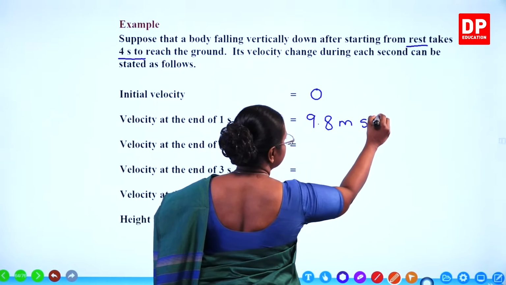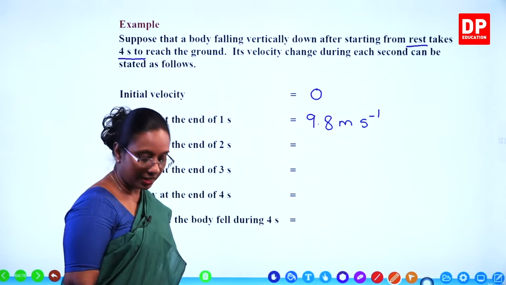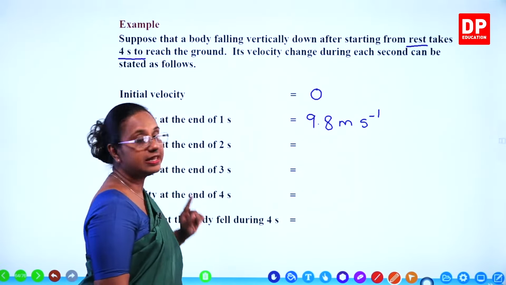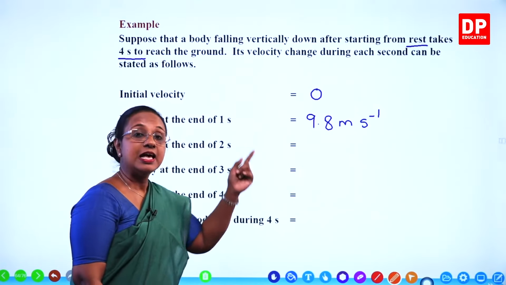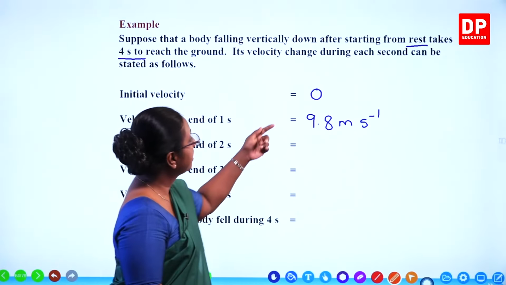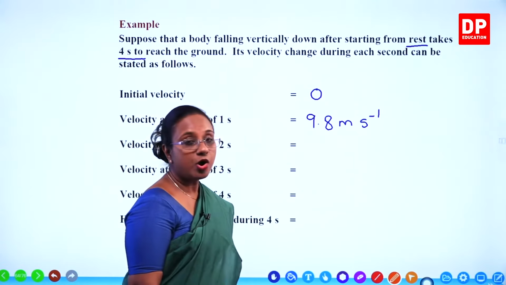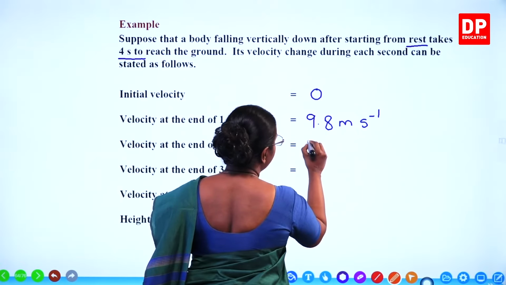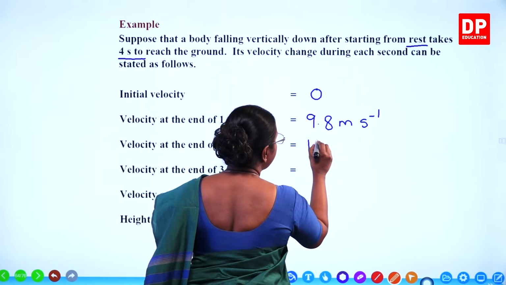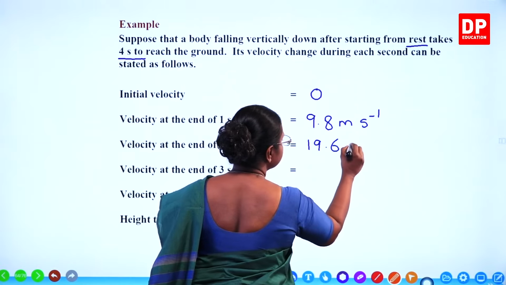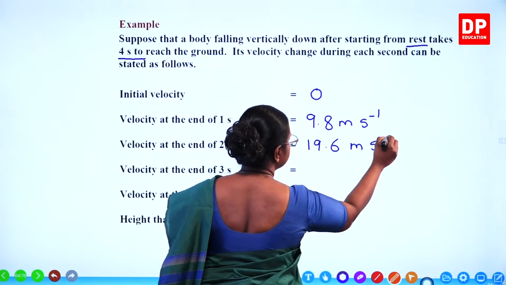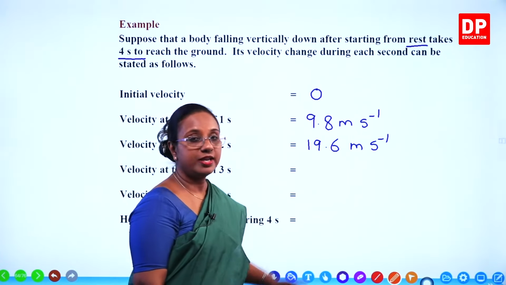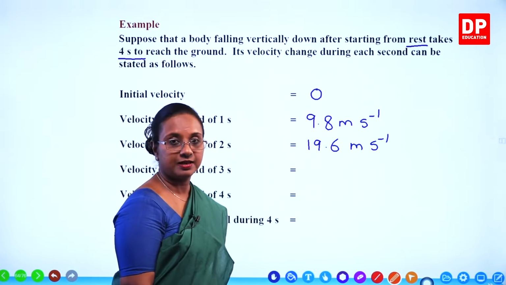So, at the end of the first second, the object would have reached a velocity of 9.8 meters per second. Then at the end of 2 seconds, again it will increase by another 9.8 meters per second. If we write that value, that will be 19.6 meters per second. 9.8 and 9.8, 19.6 meters per second.